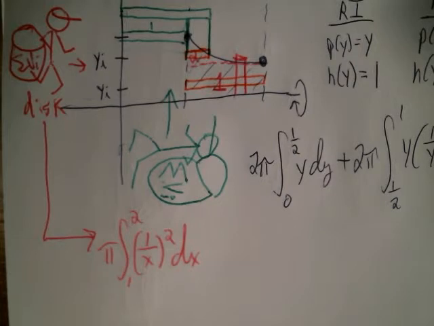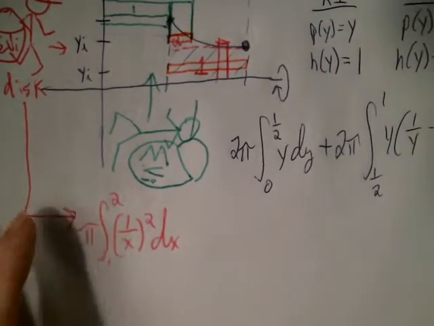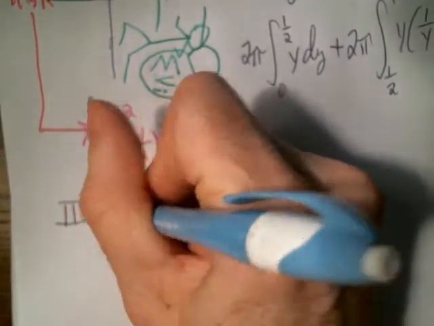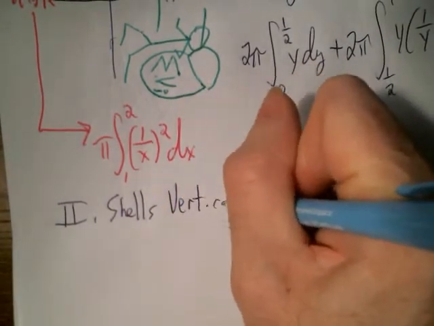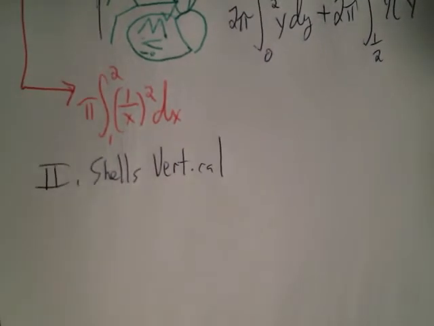Okay, anyways, let's take a look at shells now with the other rotation. So section 2 now, shells, vertical rotation. And for the vertical, all your formulas will be in terms of x.